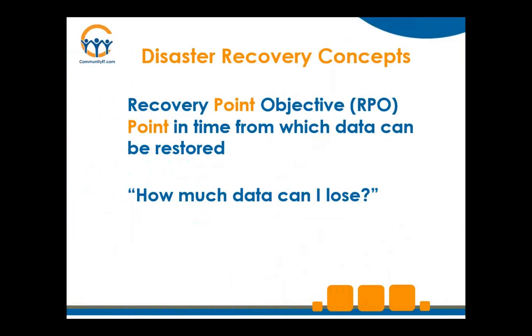Typically, most standard backup solutions are going to have about a 24-hour RPO, and that means, essentially, backup is happening once a day, at night. And so you're backing up data at 11 or 12 at night that was entered throughout the day. So if your server crashes at 6 o'clock or 5 o'clock, then you're going to lose that whole day's worth of data.